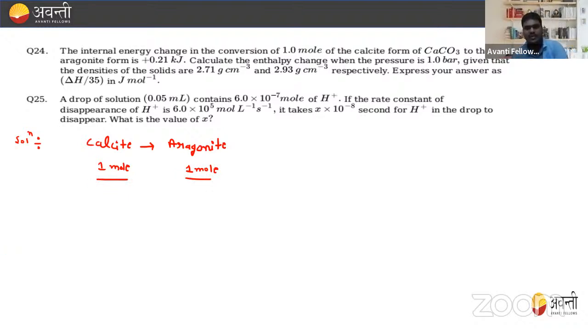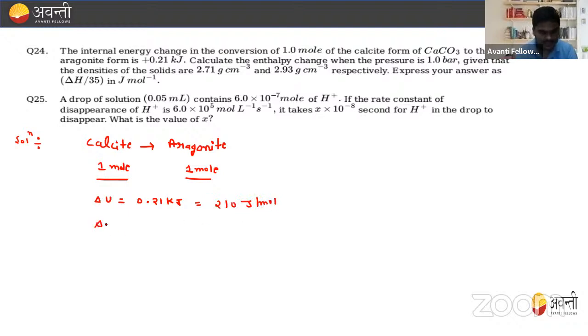When this takes place, the internal energy change is given. Now delta U is given positively as 0.21 kilojoule, which we can convert into joule. It comes out to be 210 joule per mole.